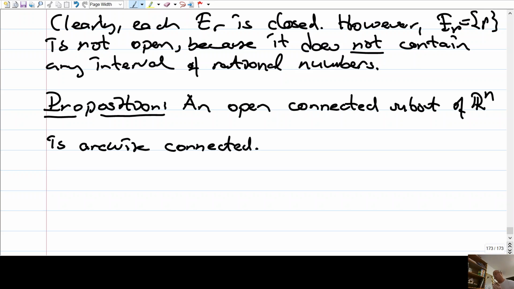Clearly, the topologist's sine curve is not an open subset of R2. Next time I'll prove this theorem, talk about that example and one more example, and we will finish our discussion on connected metric spaces, and then we will pass to applications.